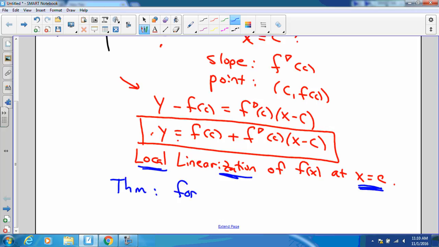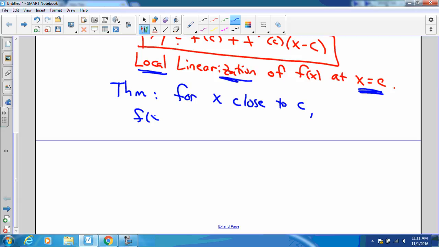For x close to c, the value of f of x will be approximately equal to the value of the local linearization. In other words, for x close to c, I can pretend that my function is a straight line and only lose a little bit of information that way.